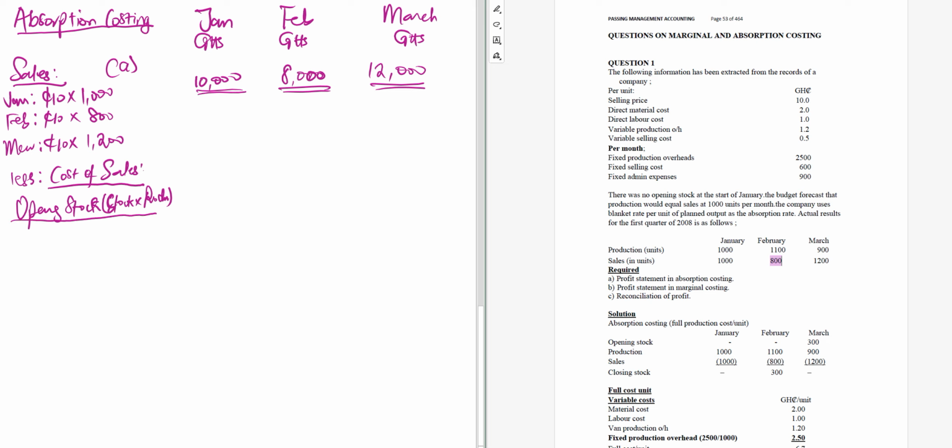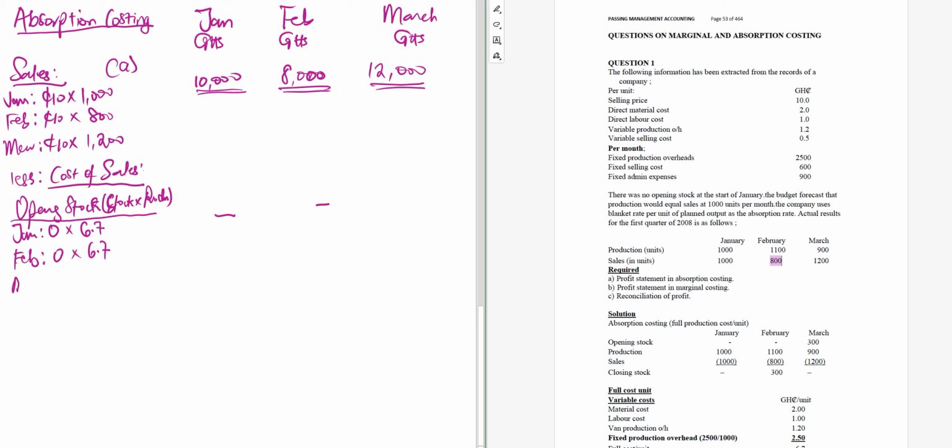So opening stock, when we come to January, our opening stock was what? January we had 0 stock, valued at 6.7, so this will be nil. When we come to February, our opening stock was nil, also at 6.7, so it's nil.